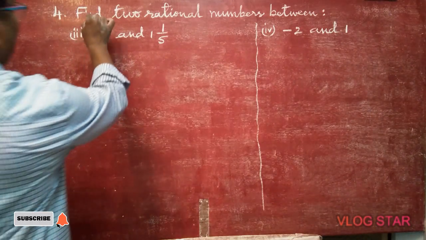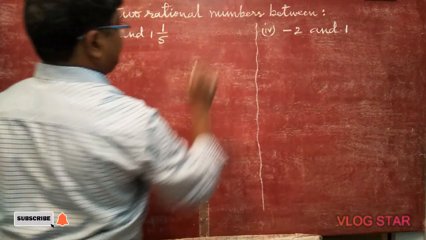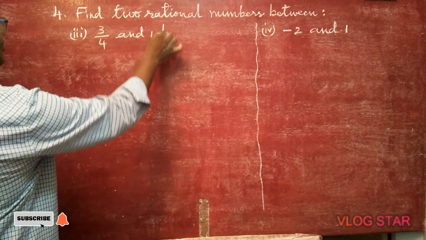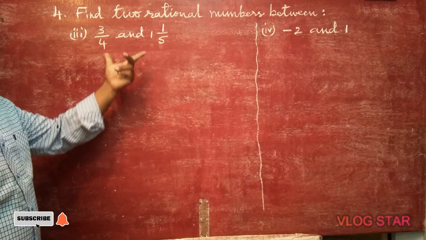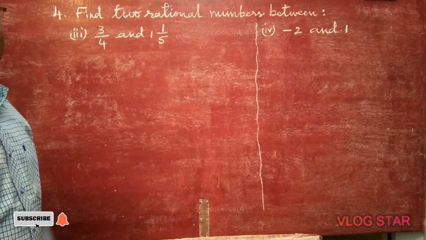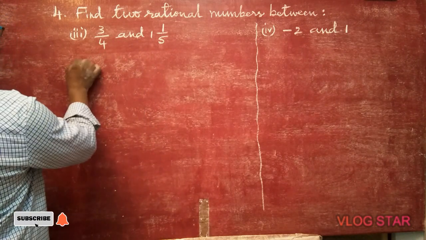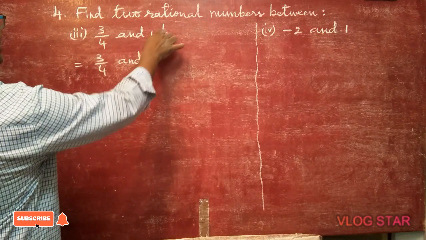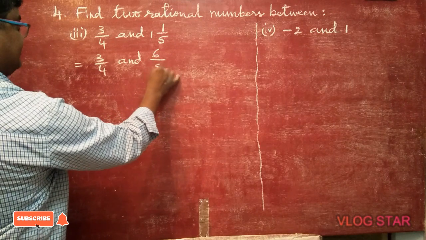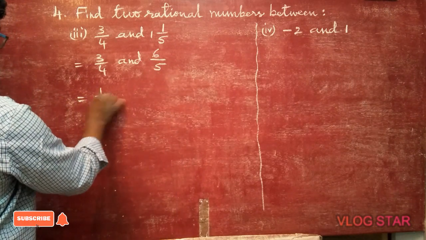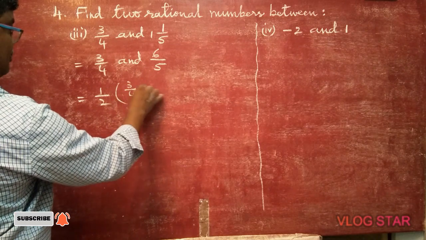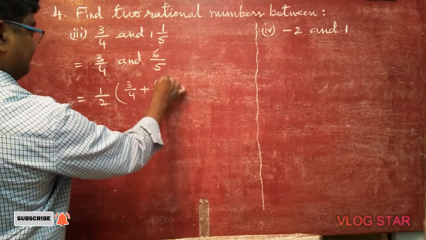Fourth problem. Find two rational numbers between 3 by 4 and 1 by 5. In between these two rational numbers, they are asking us to find two more numbers. So 3 by 4 and 5 ones are 5 plus 1, 6 by 5. How to find? Take half of those two numbers. 3 by 4 plus 6 by 5, you take half.